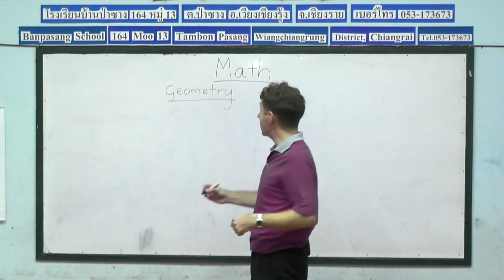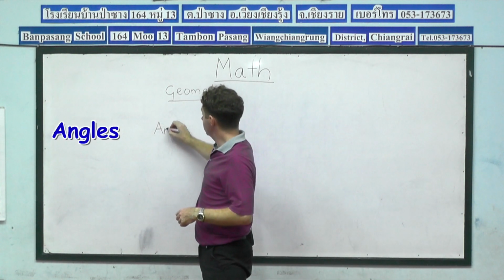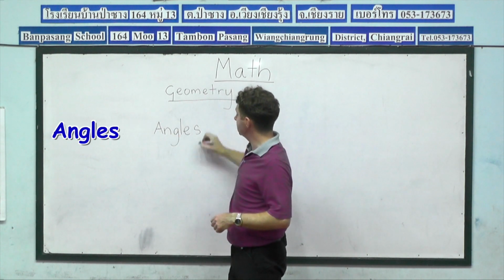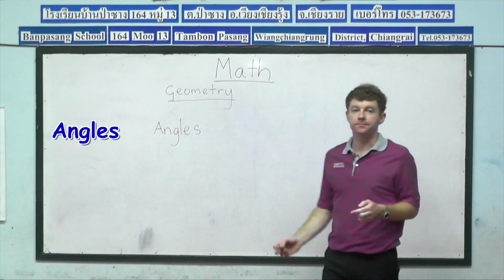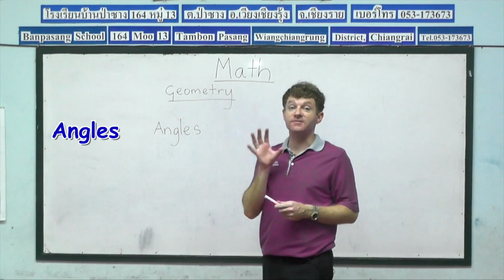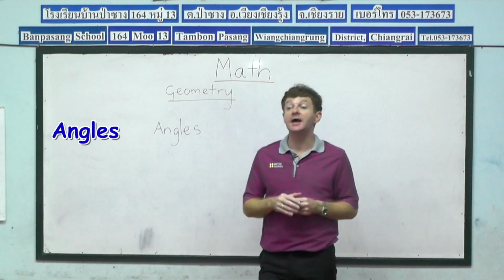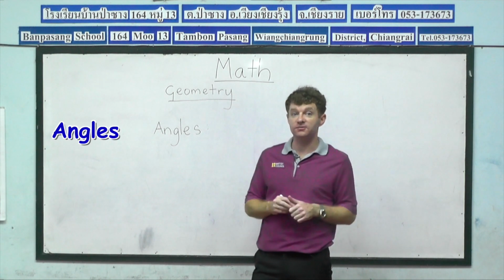So how do we spell angles, guys? Perfect. A-N-G-L-E-S. Angles. Okay, so what I'm going to do, I'm going to demonstrate how we can draw some types of angles, and then I'll have a student come and demonstrate too, to show their understanding.